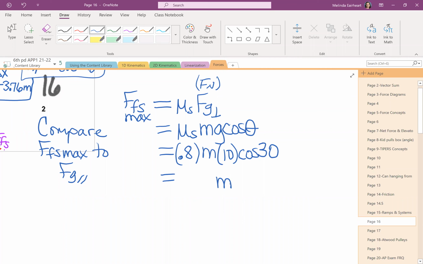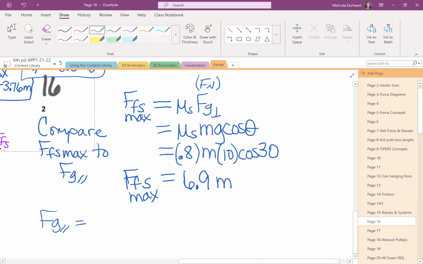We get what? 6.9. Okay, so 6.9 mass is our maximum static friction. Now that's not an answer. That's what we're going to use to compare FG parallel to.